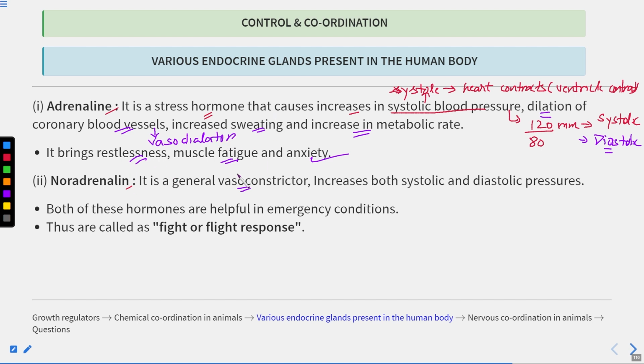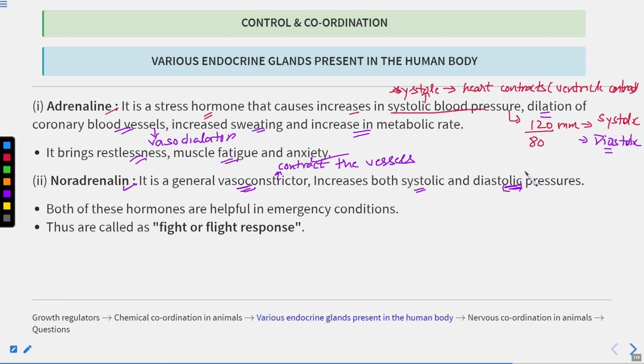Whereas noradrenaline is a vasoconstrictor, meaning it will contract the blood vessels. And when the blood vessels contract, the blood pressure will increase. So noradrenaline is a general vasoconstrictor and it increases both systolic as well as diastolic pressure.